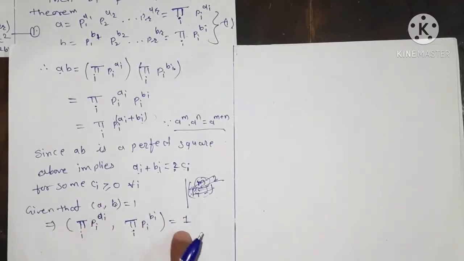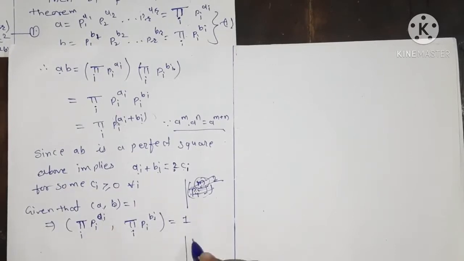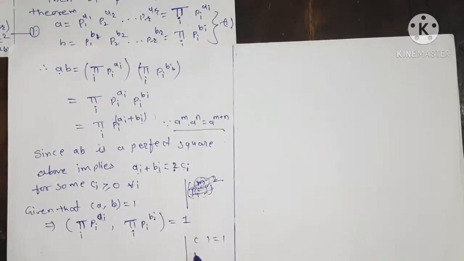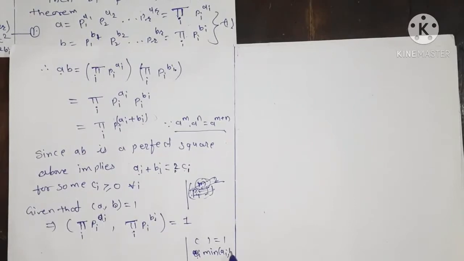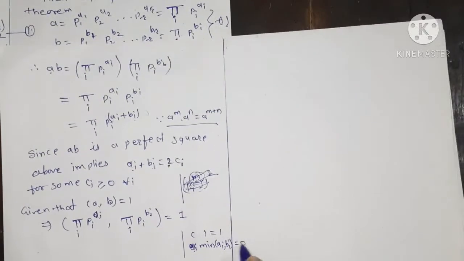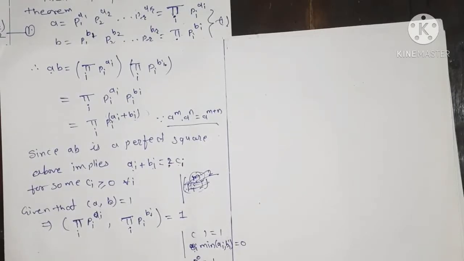To require the GCD to be equal to 1, we require the minimum of the powers ai comma bi to be equal to 0, so that pi to the power 0 will be equal to 1.